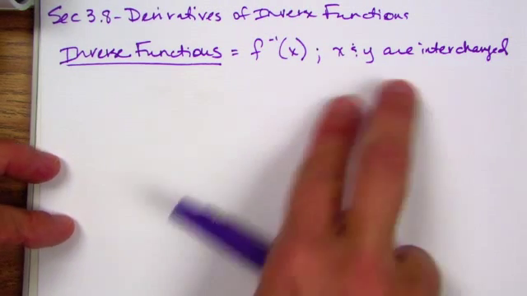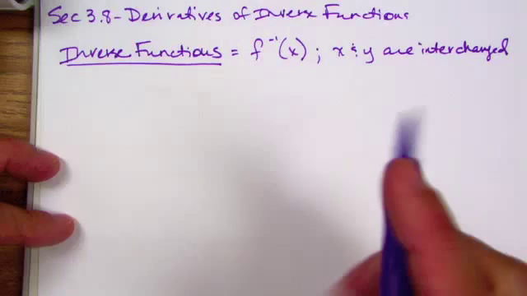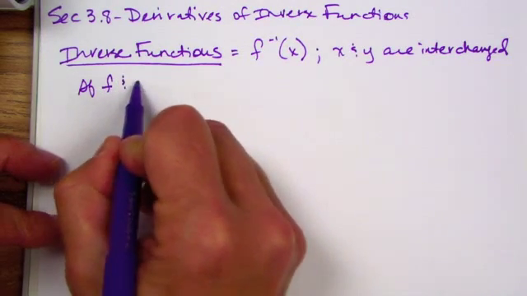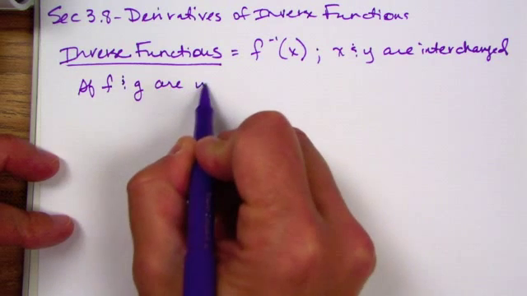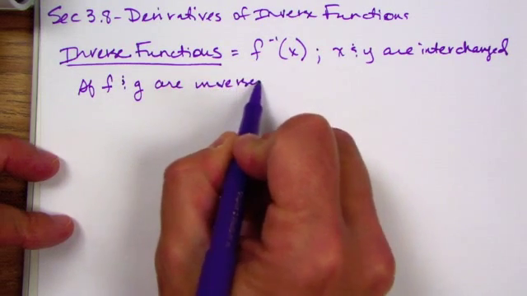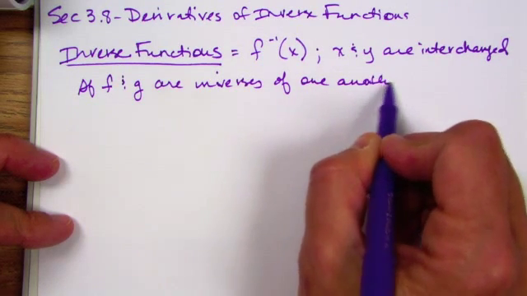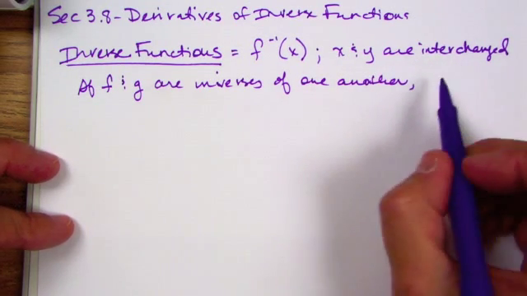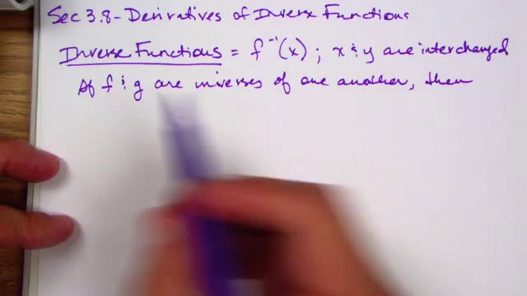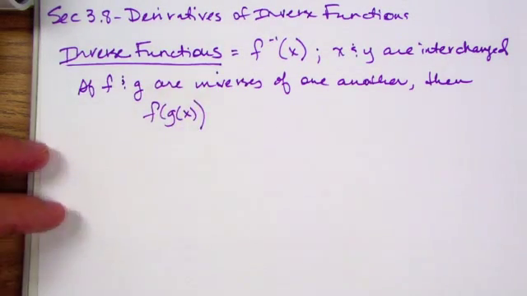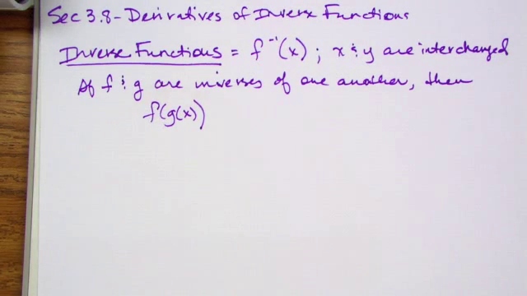Yeah, and that's really the same thing. Here's one thing I'm not sure if you remember. If f and g are inverses of one another, then f of g of x is equal to what?